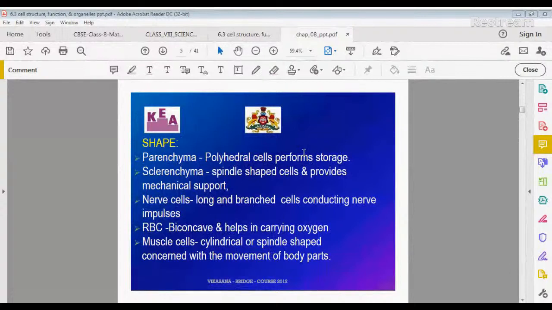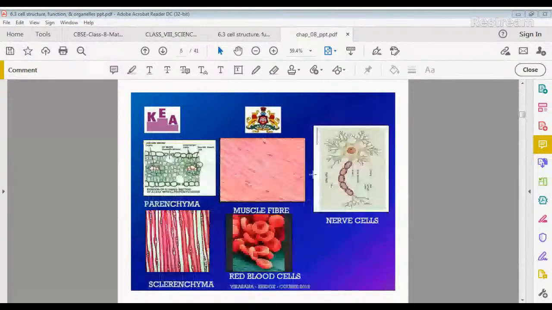Now, you will see the figure that I just showed you has different cells such as blood, muscles, and nerve of the human beings.